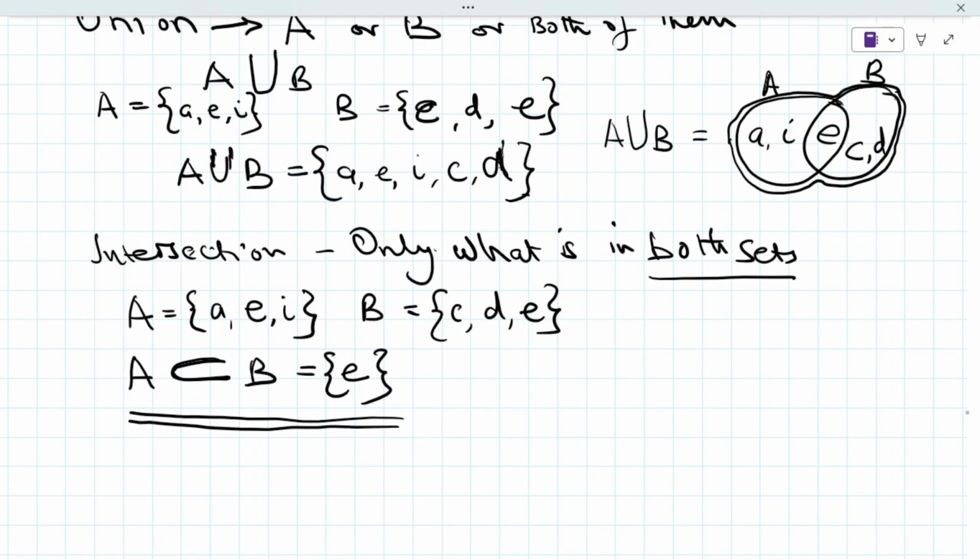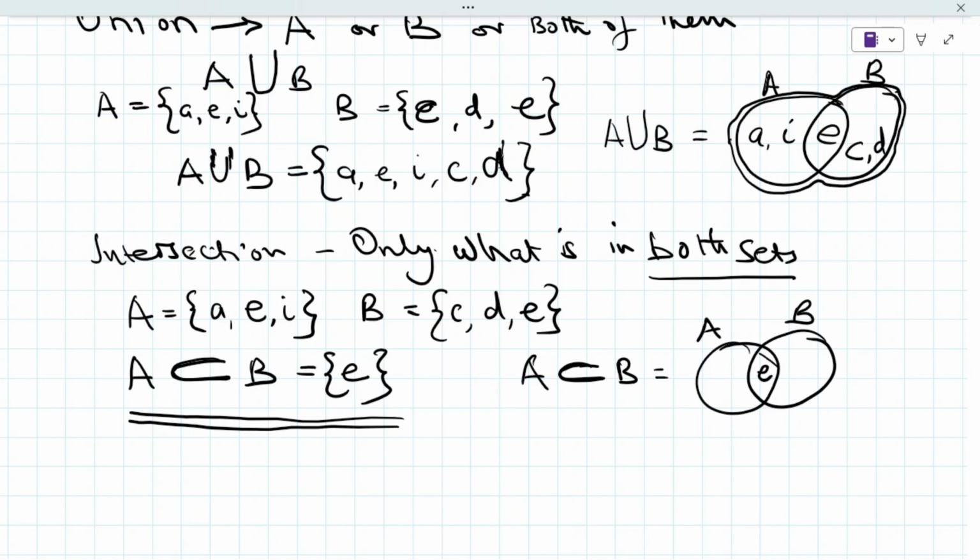And we represent graphically set A intersection set B as this is set A and this is set B. And we just write an E there.